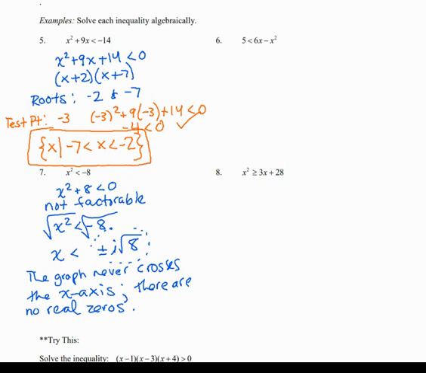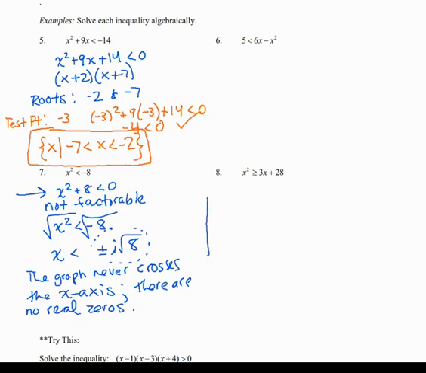So when I'm solving this, we're trying to think about when is this function less than 0? Well, think about what it's telling me by getting that imaginary. It's telling me I have a special case here. I'm not actually getting any roots. So those special cases are either that there are no solutions or there are an infinite amount of solutions.